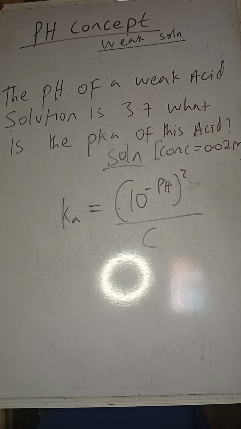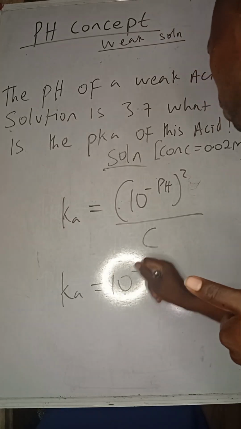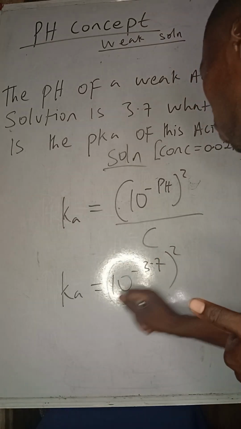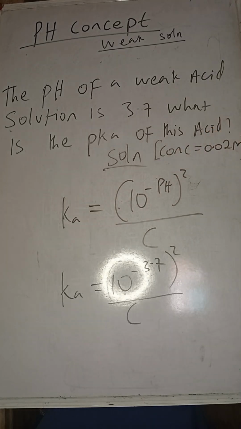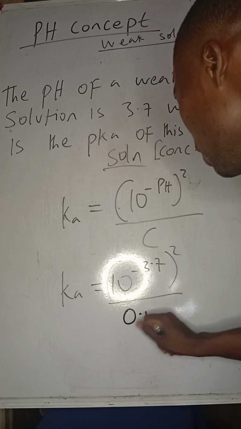So what is the pH? 3.7. So let me just repeat: Ka is equal to 10 raised to power minus 3.7, all squared, over C. We cannot say C is... C represents 0.02.